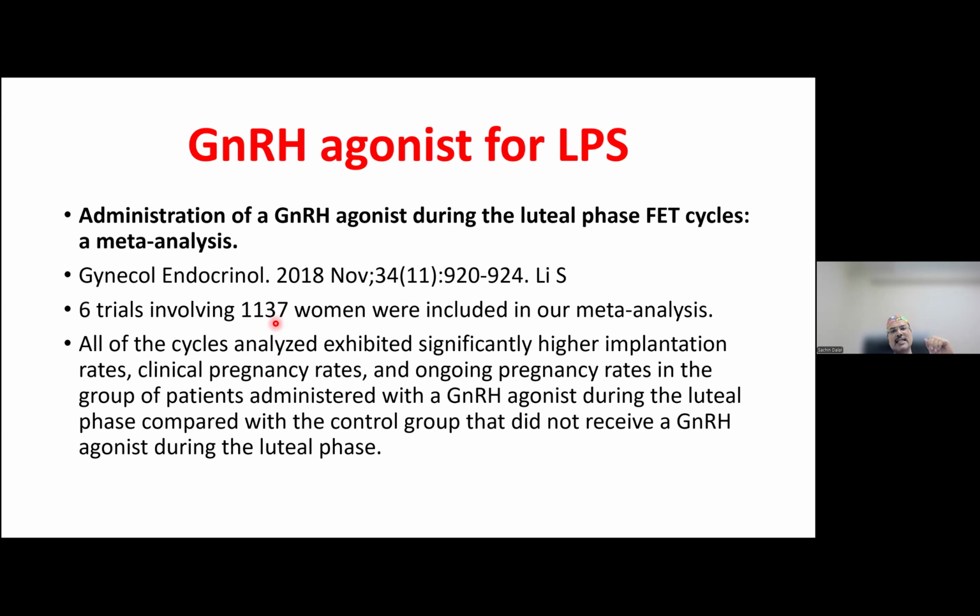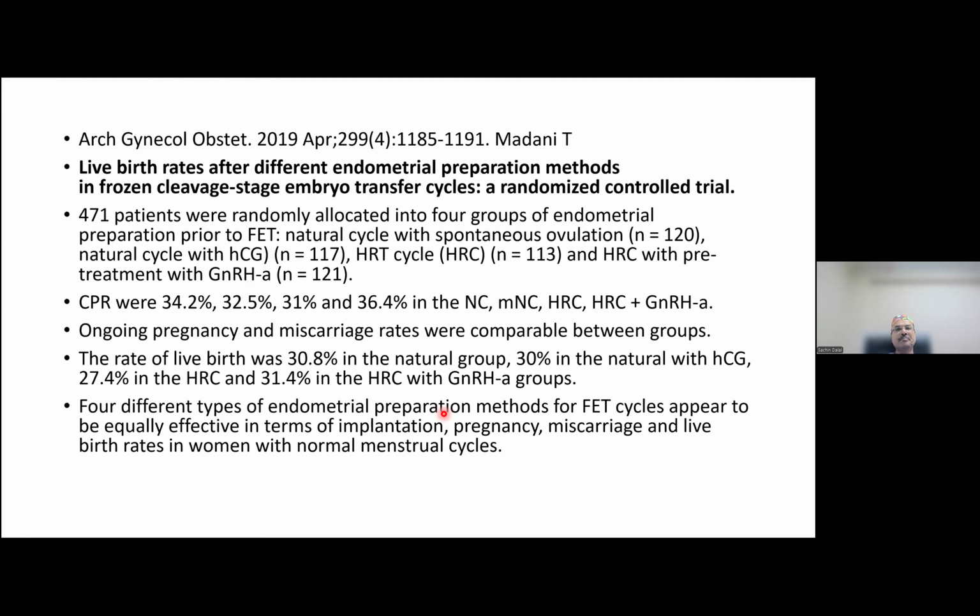So this is another RCT where they gave a GnRH agonist during luteal phase support for FET cycles, and they found that all cycles analyzed exhibited significantly higher implantation rates, clinical pregnancy rates, and ongoing pregnancy rates in the group of patients administered with a GnRH agonist during the luteal phase compared with the control group, which did not get the GnRH agonist.